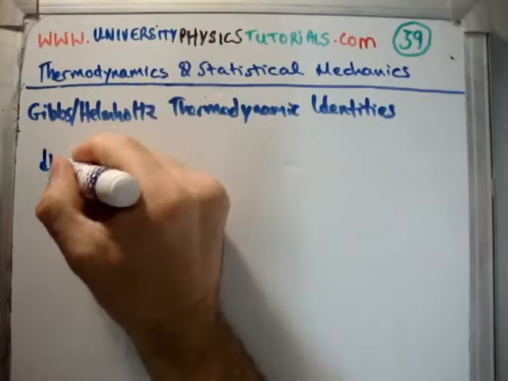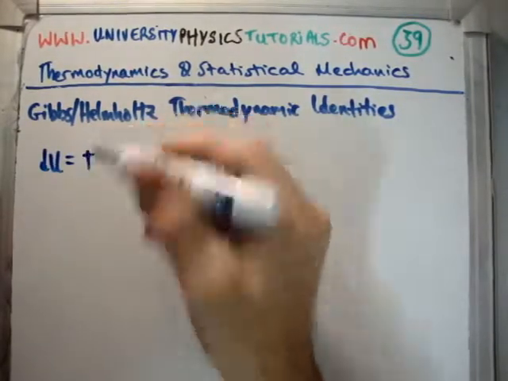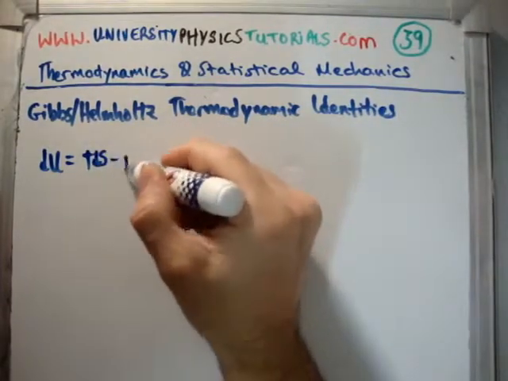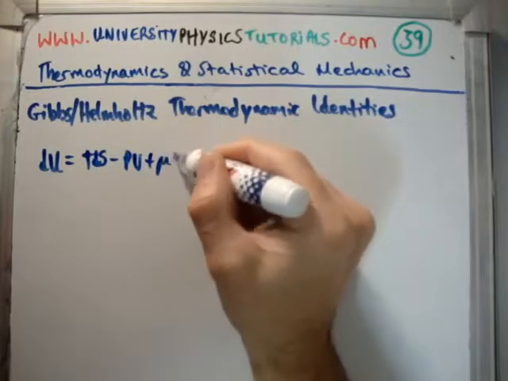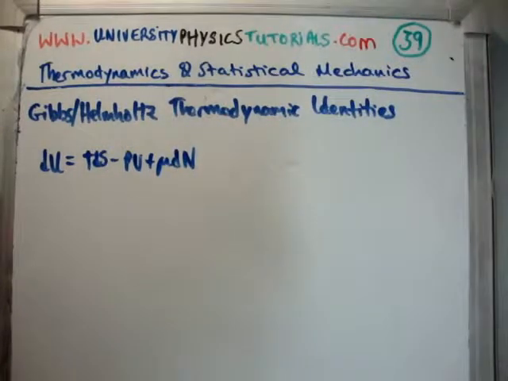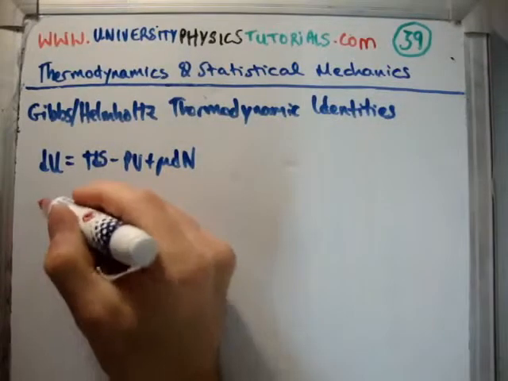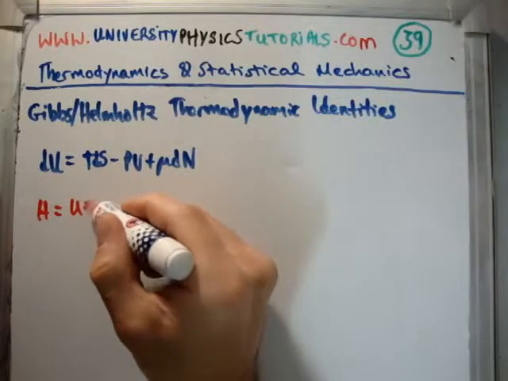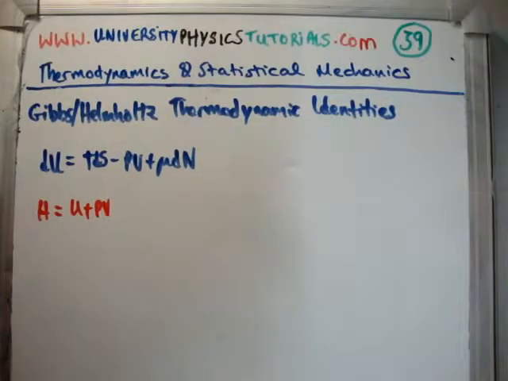Just to remind us, the thermodynamic identity said the infinitesimal change in the internal energy is TdS minus PdV plus mu times dN. We also knew that the enthalpy, H, is equal to U plus PV. So basically what I'm going to do is manipulate U plus PV and get dH.